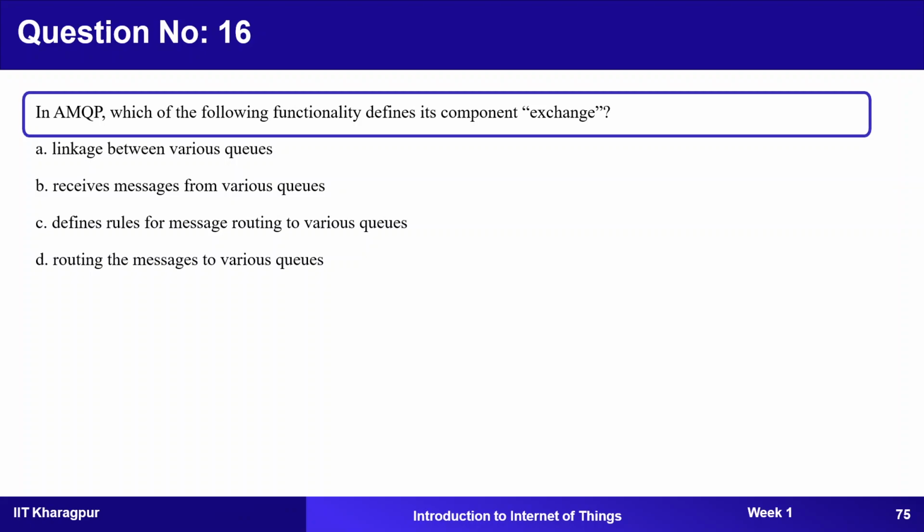Basically, your MQTT is based on your publish subscribe model, and this publish subscribe model is event driven. Whenever some event occurs, your publisher will send the data, and your broker is further going to broadcast the data to all the subscribers which have subscribed to that particular service.